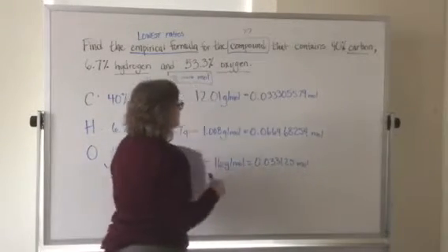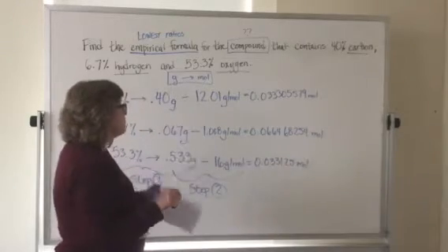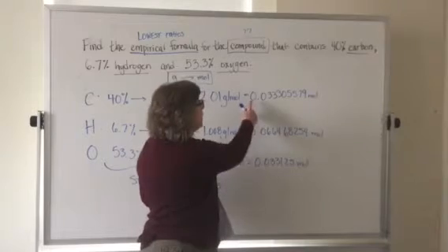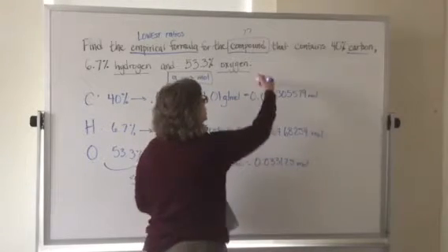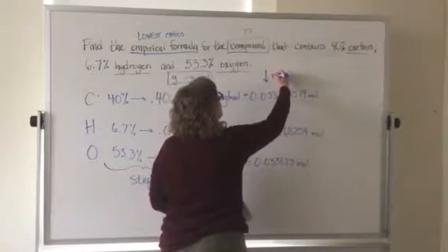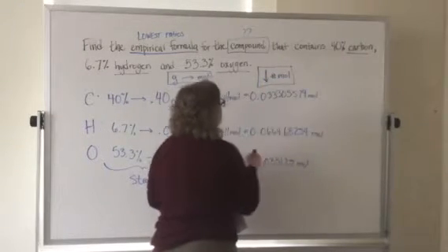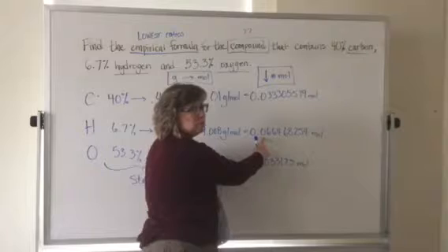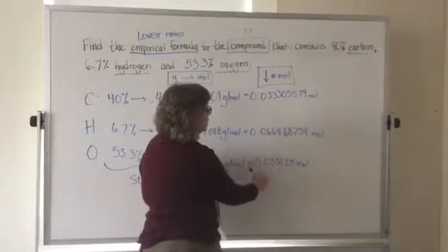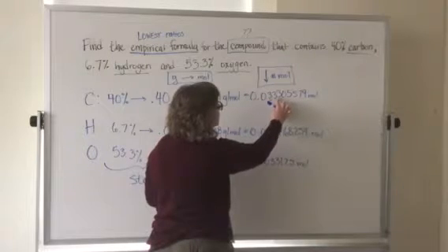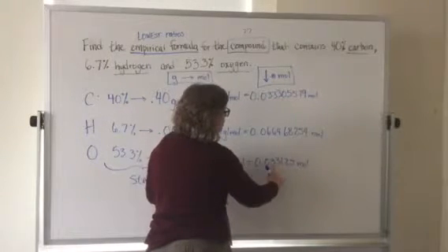Step 3 is we have to look at the moles that you've calculated and pick the lowest number of moles. So it's definitely not hydrogen, it's the biggest one. It's between these two. I'm going to look at them. 0.0333, 0.0331.